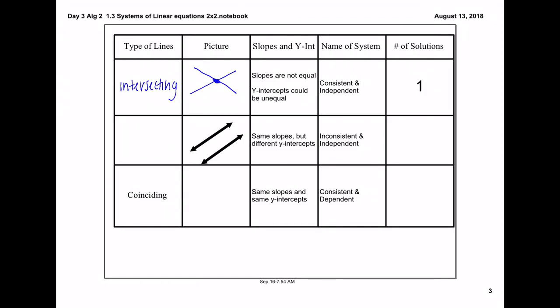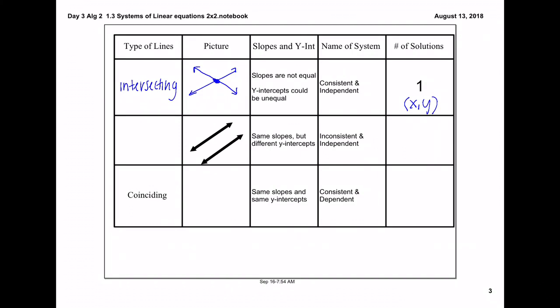Two lines that are intersecting at a given point. When we talk about the slopes and the y-intercepts of intersecting lines, our slopes are not equal, and our y-intercepts could also be unequal. We name this system by saying it's consistent and independent, and it has one solution, which is always that xy ordered pair where they intersect.